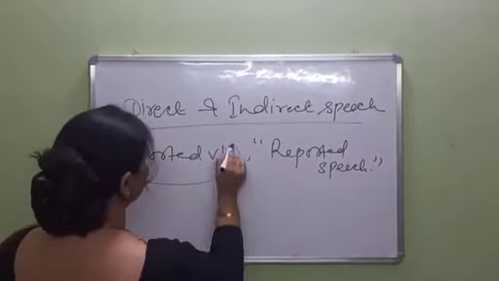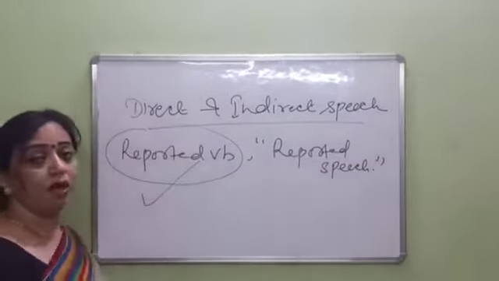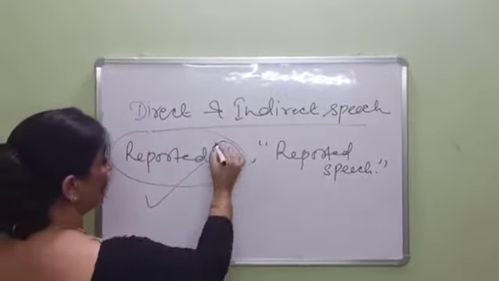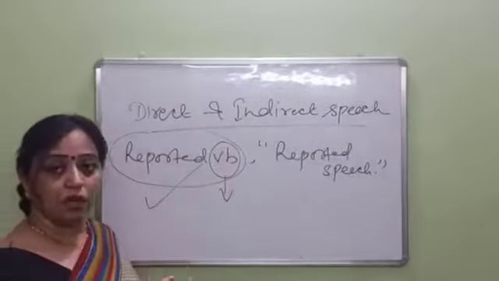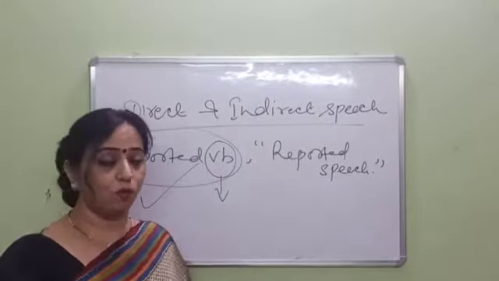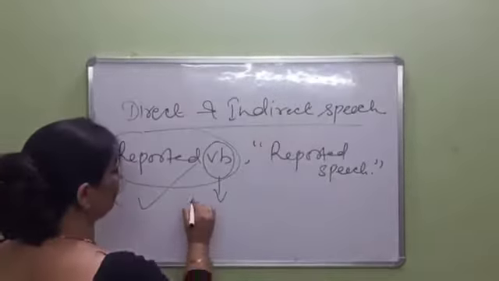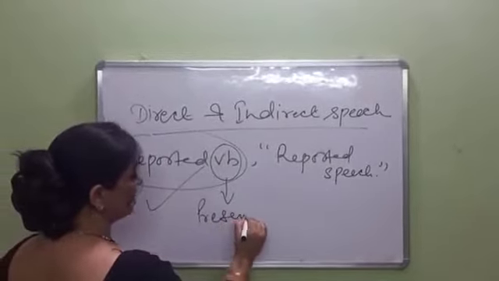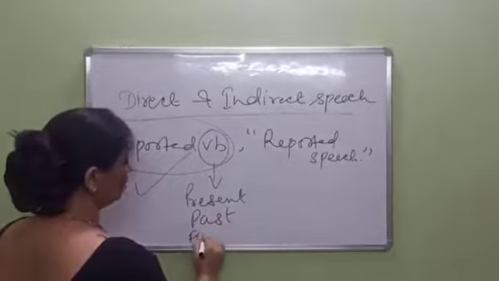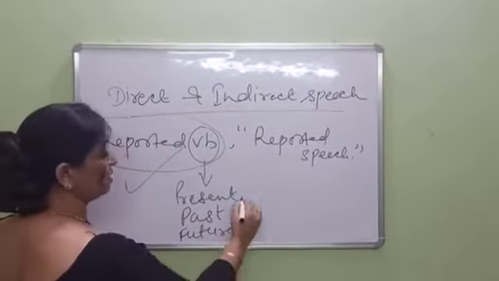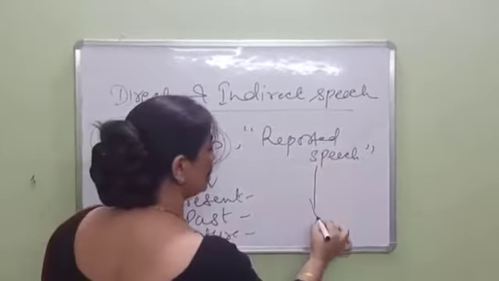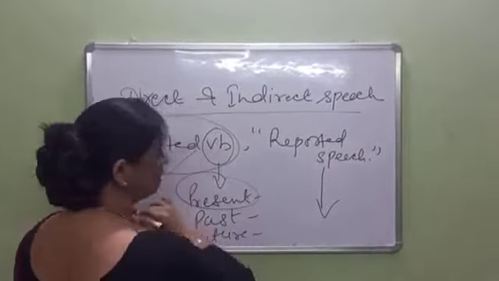Listen very carefully, because normally we make mistakes when we avoid these main points. The verb may be in present tense, past tense or future tense. Now three things are there, and the speech changes according to the verb.